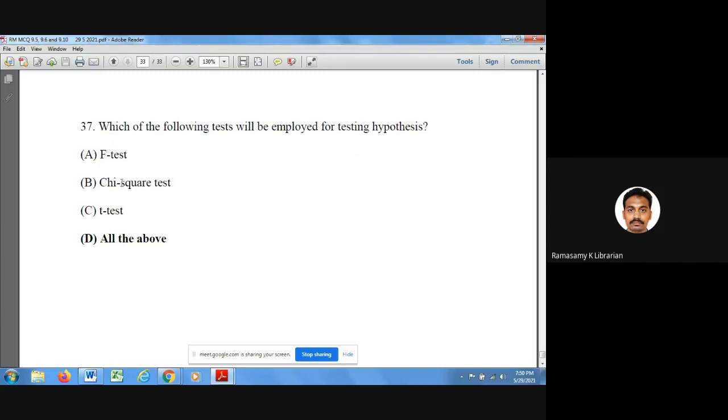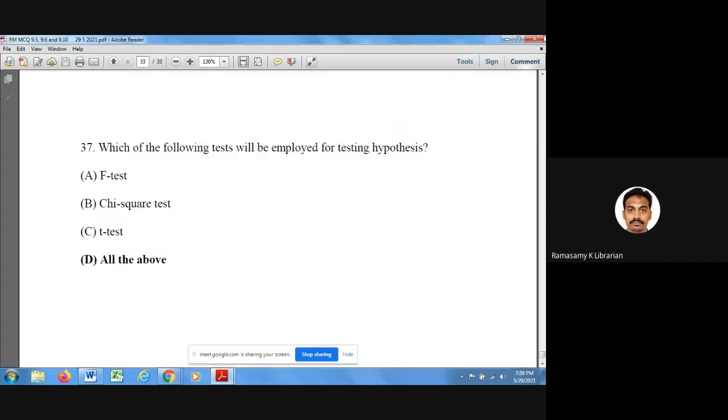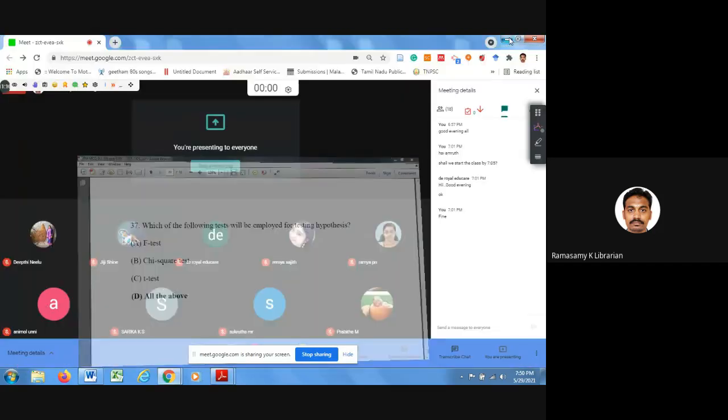All the tests, F test, chi-square test, T test, all are used for testing hypothesis. So that's about the first PDF file.